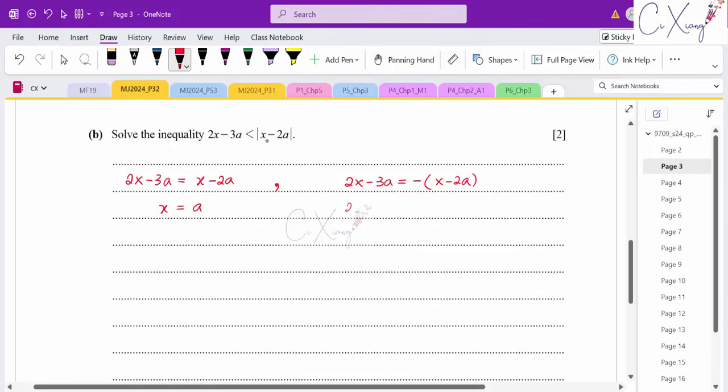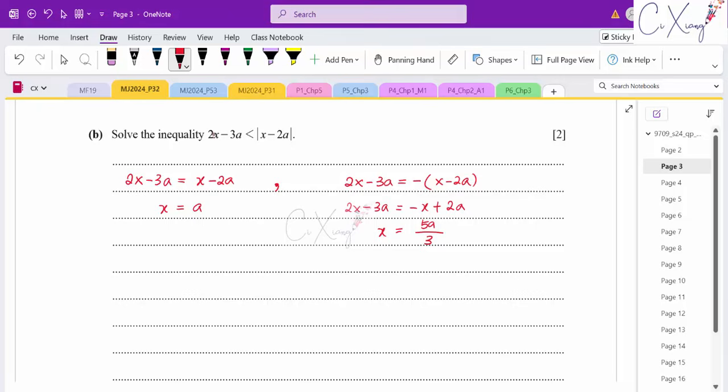And then for this part, I have 2x minus 3a equals negative x plus 2a. If I simplify my equation here, I have x equals 5a divided by 3. So these two are the intersection points of these two equations. Now I need to decide which part, or what values of x, fulfill the condition that this is smaller than the modulus function here.